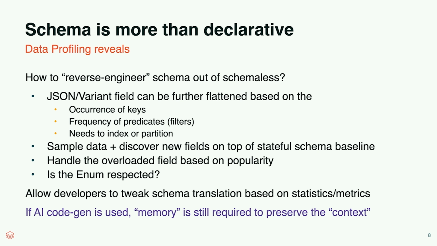You have to sample the data, and you also need to accumulate your findings. Databricks provides some very good functions to do schema discovery, but it can be expensive to run. That's why we need to do this in a more incremental way. Otherwise, your schema discovery can be very expensive to operate.